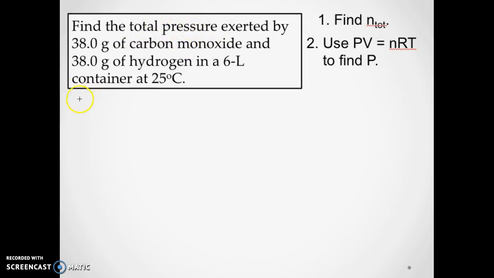So let's go ahead and do carbon monoxide first. And again, we're using PV equals nRT, and we're looking for the partial pressure. So this is going to be our equation.